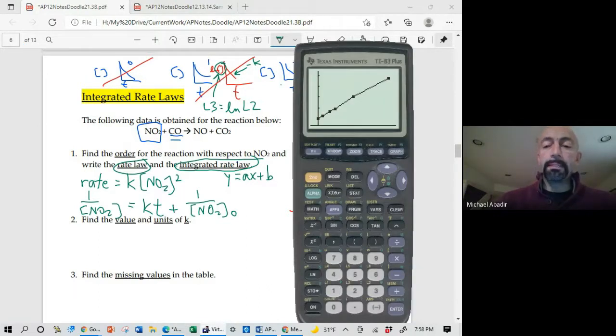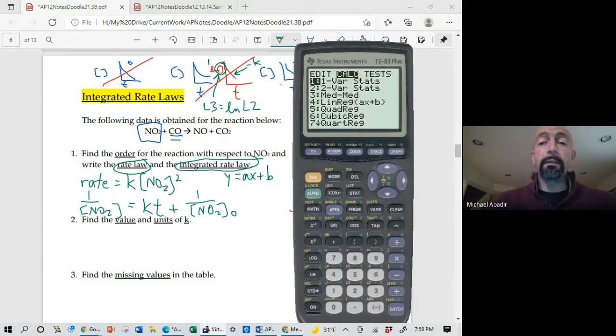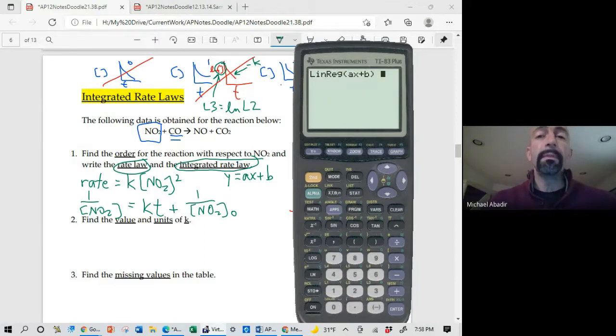So now what we do is you go to stat, we go to calc, and we go to 4, which is linear regression. You could just hit the number 4 or use your arrow keys. Now, here's the trick. Depending on your calculator, it may look a little different. This is a TI-83 Plus simulator, so it's a little older of a calculator. But I have to tell it what list I want it to calculate the slope for.